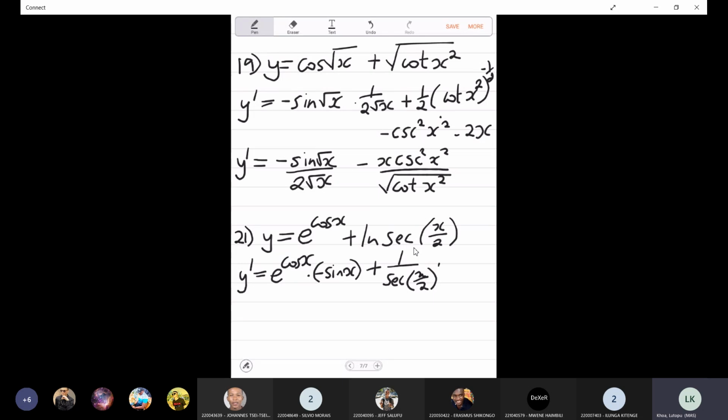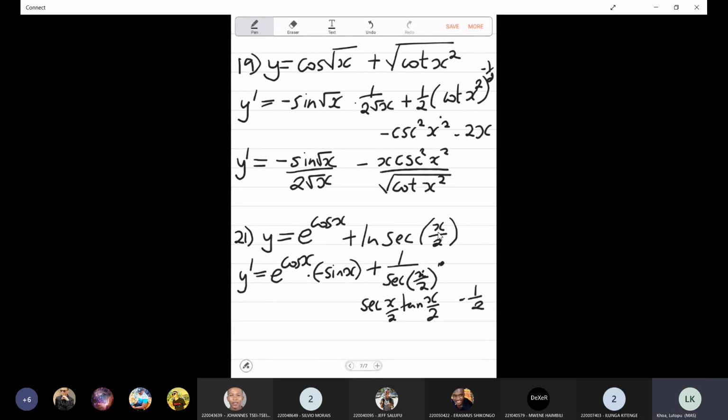And then you multiply by the derivative of sec. The derivative of sec is sec tan. So here I'm multiplying sec x over 2 tan x over 2. And then you multiply again by the derivative of x over 2, which is a half.